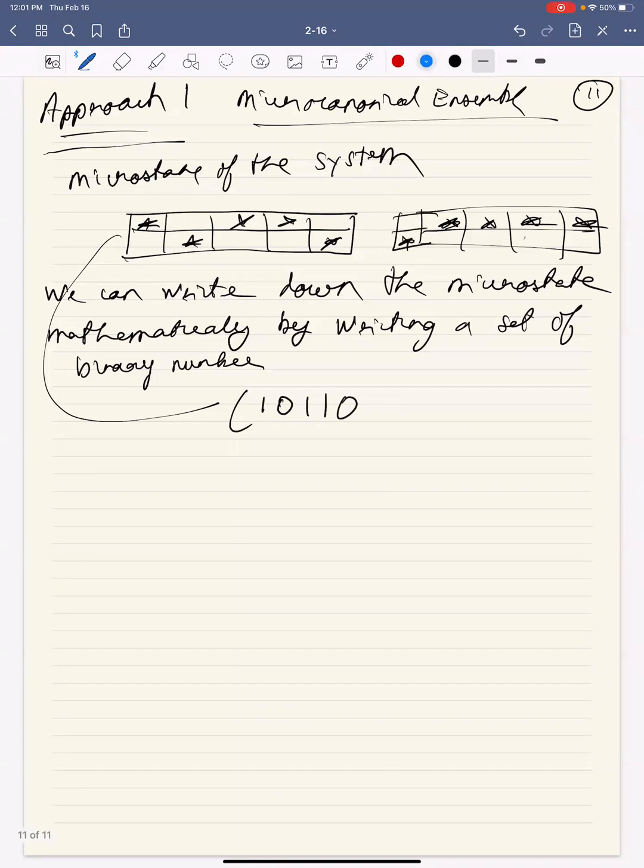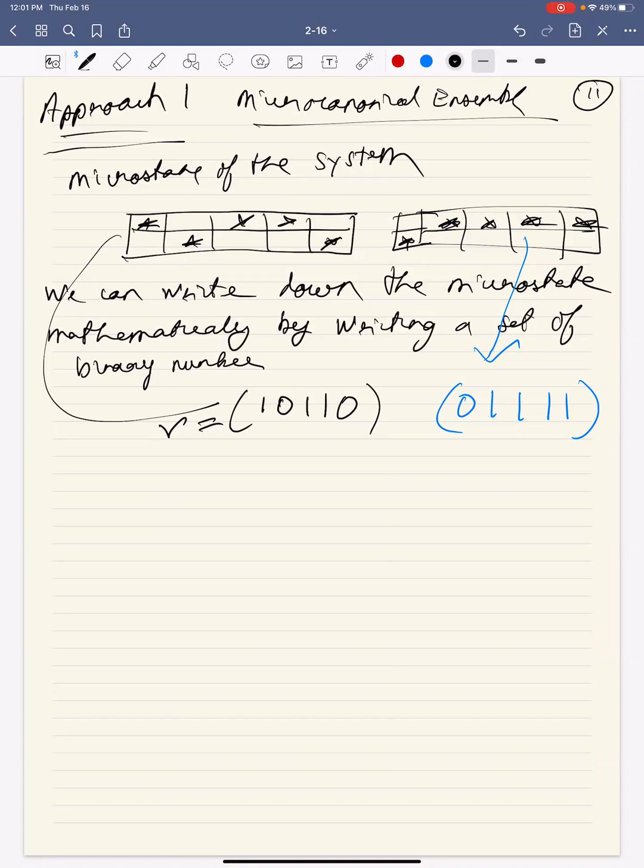For this one over here, how does it look? 0, 1, 1, 1, 1, right? If I write down a long binary number like this, that is the microstate of the system, and it's going to be unique. The same binary number cannot correspond to two microstates, because in this system there is no other information.